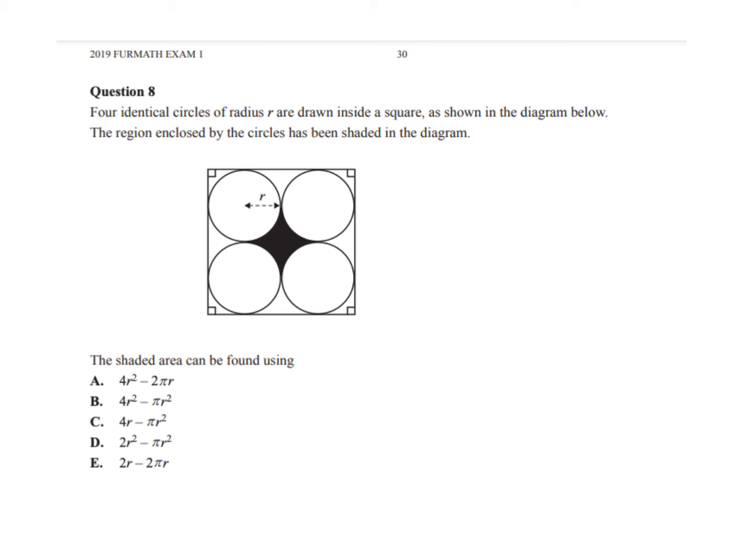All right, this is another one. So this is 2019. You can see another question 8. So it's the last question, and they put 4 circles this time, and they've said the shaded area. So what you needed to do is do the same thing. Like, you can get the center of the circle and see you've got the radius.